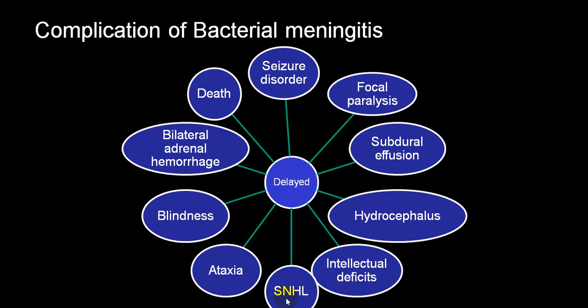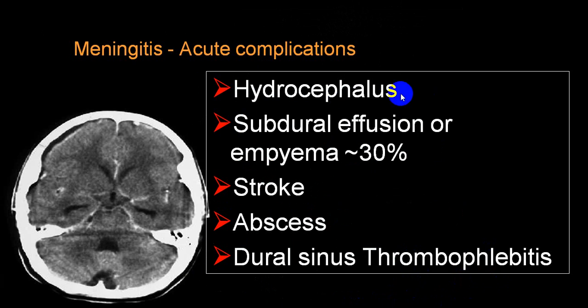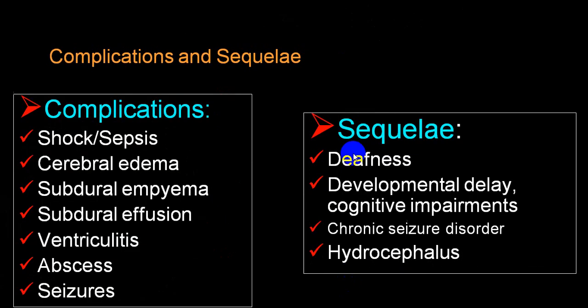These are sensory neurological deficits. Hydrocephalus, subdural effusion, empyema, stroke, abscess, and dural sinus thrombosis can also be some of the acute complications. Among chronic complications: cerebral edema, subdural empyema, effusion, abscess, seizures, shock, sepsis, deafness, cognitive impairment, chronic seizures, hydrocephalus; all that can be chronic sequelae, and these can be among acute complications.